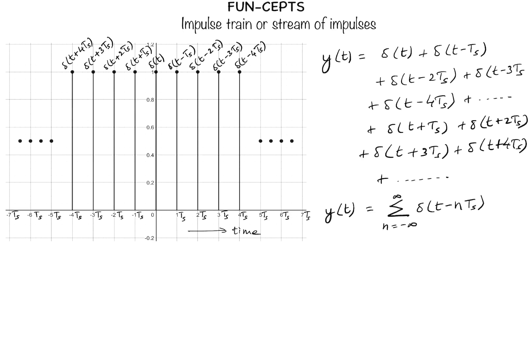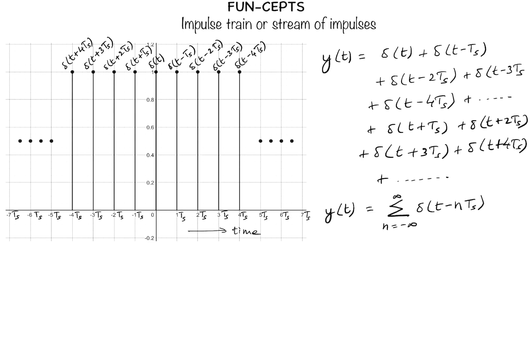So y of t is a summation of impulse functions shifted by integer multiples of the time shift Ts. We have an impulse at t equal to 0, at t equal to Ts, at 2Ts, at 3Ts, and so on. It is just a collection or summation of those impulse functions.